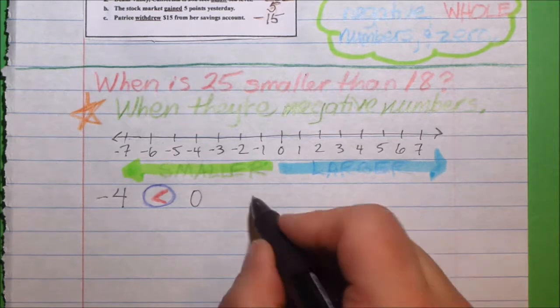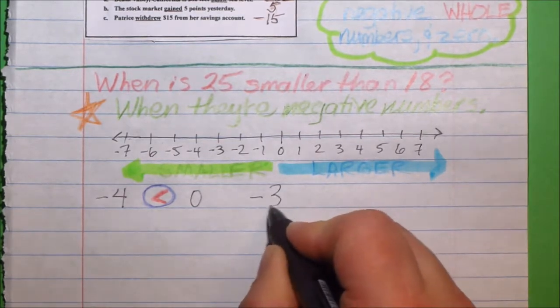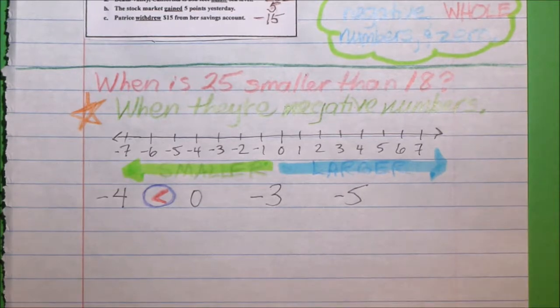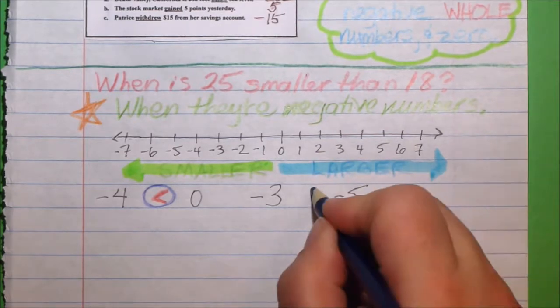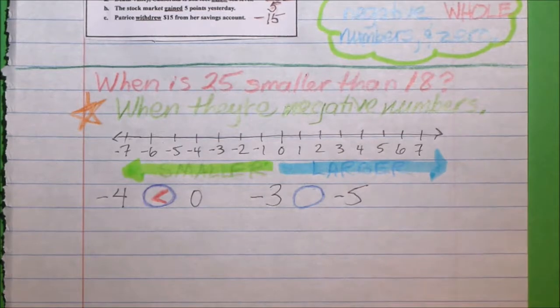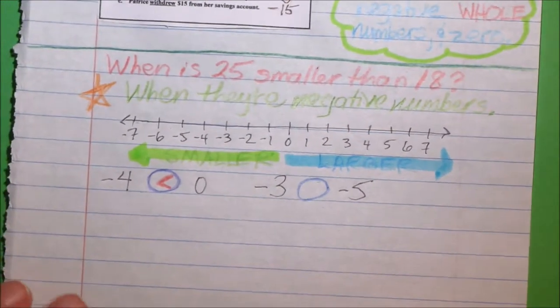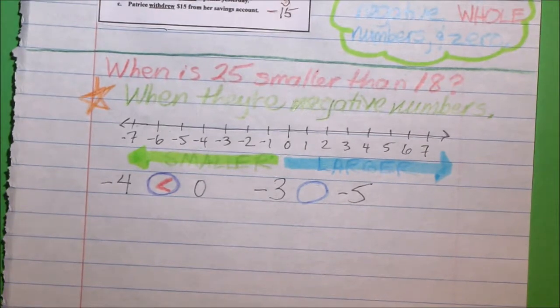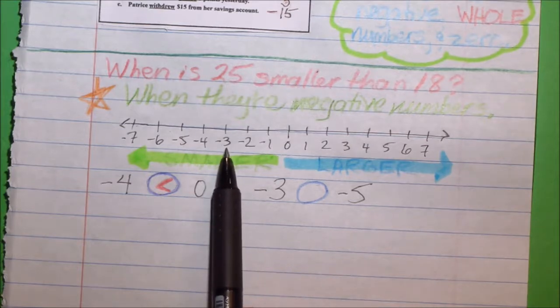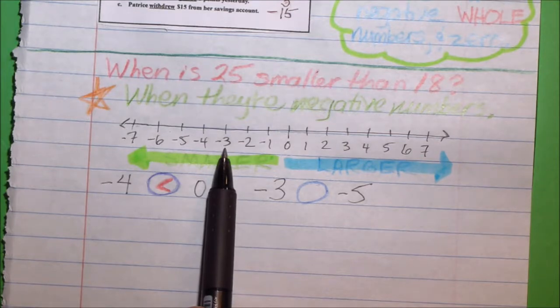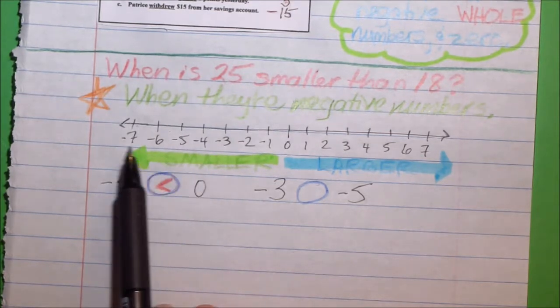Now, this is where students can get kind of confused when both of the numbers are negative numbers, because they see the 3 and the 5, and you've been conditioned in learning about positive numbers that 5 is a larger number than 3. But when we're talking about negative numbers, that's not going to be true. Watch. Here's -3. Here's -5. It's farther to the left than -3, so that means it's getting smaller and smaller.